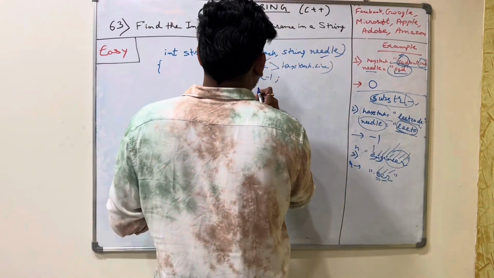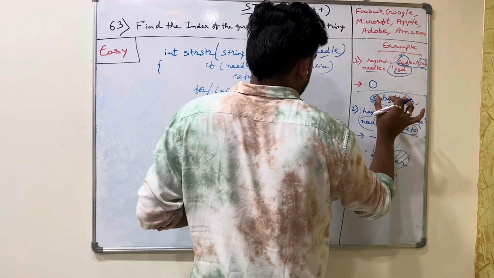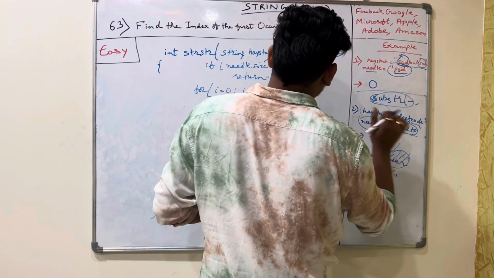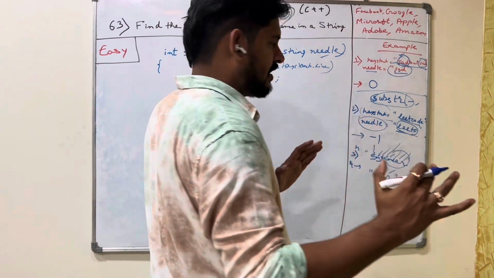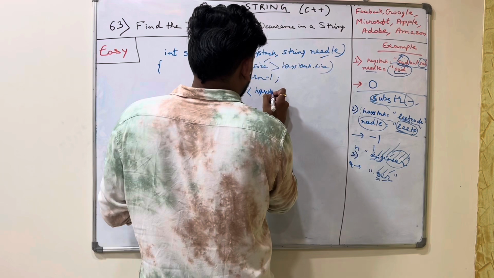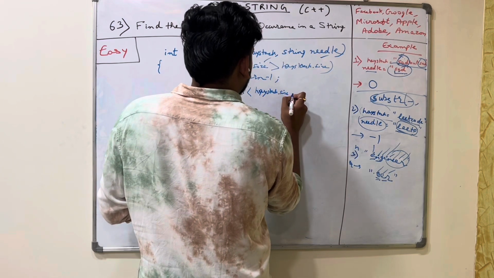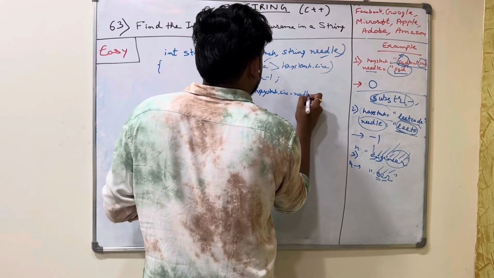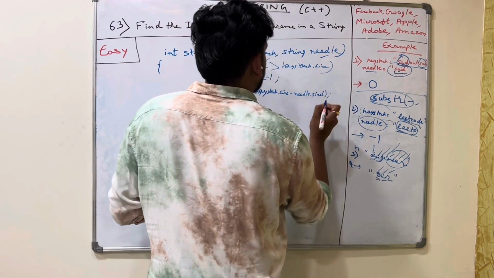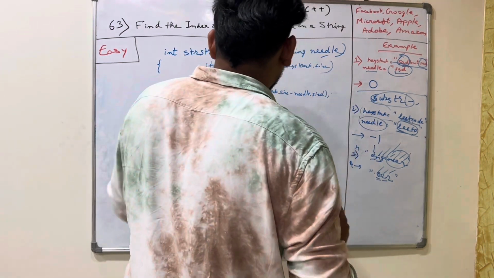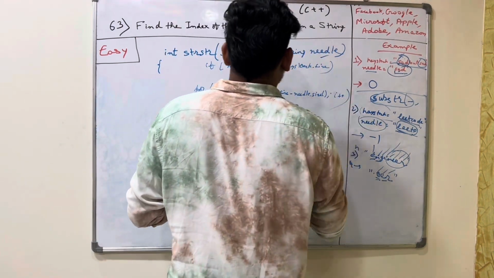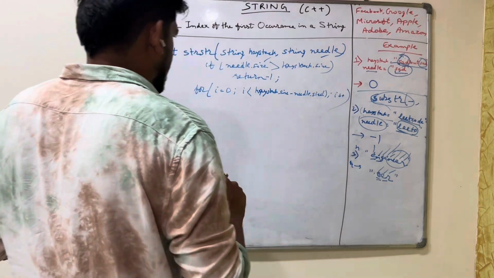So whatever is the length of the haystack, since I am taking the substring, I will have the condition as haystack dot size minus needle dot size. You will understand once I show how I have used substring here, which makes the code look easy. Okay, but the complexity remains there anyway.